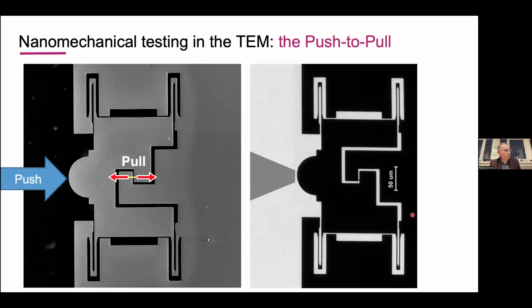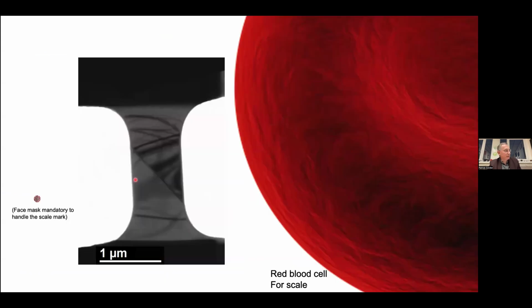The name is the push-to-pull. It's made of silicon. It's a MEMS. You have those 4 springs which are here, and there is a nano indenter. So when it pushes here on this place, this piece goes to the right. This one doesn't move. So here, where we glue the sample, is pulled. It's under tension. So we can perform tensile experiments in this device.